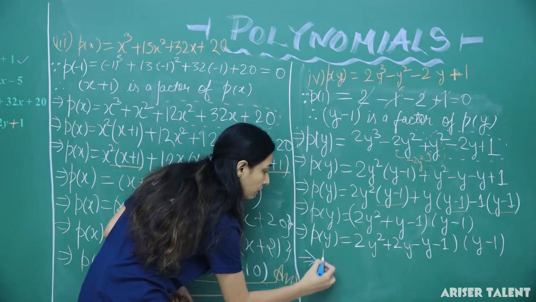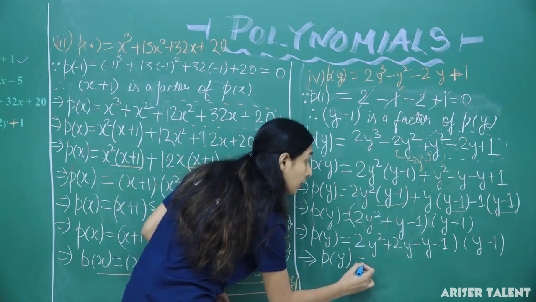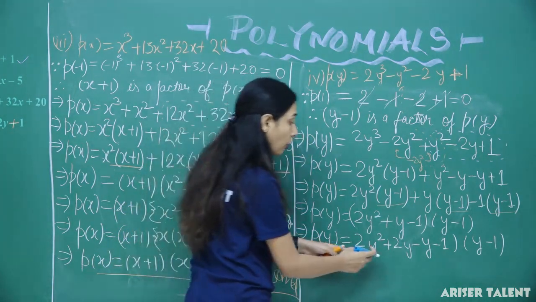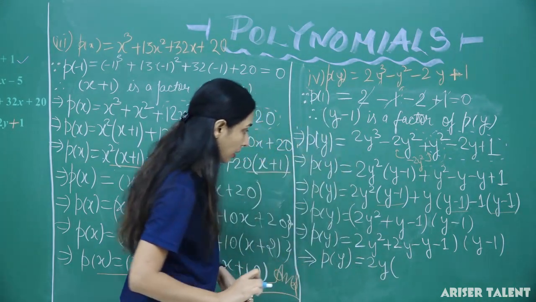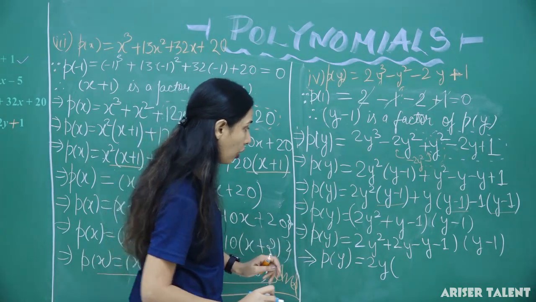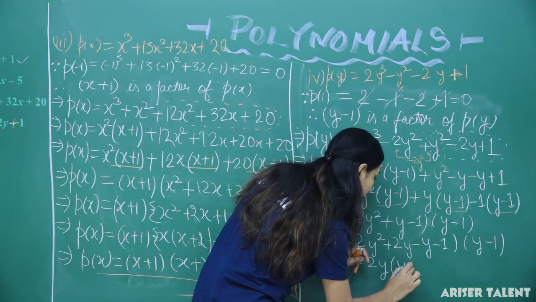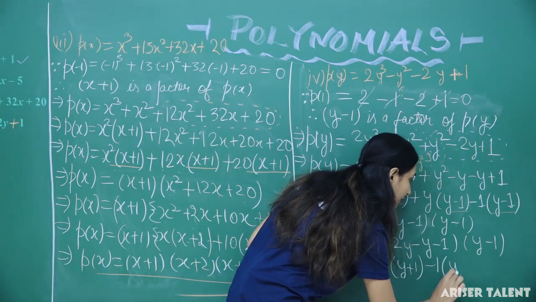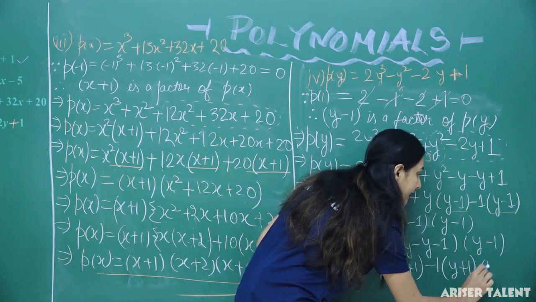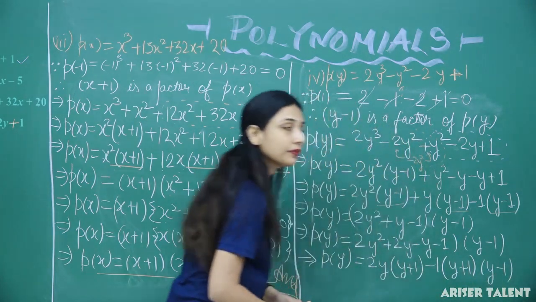So that will give you P(y). Now what will you take common? You will take common 2y. Now when you take 2y common, you will be remaining with y plus 1. Here you will take minus 1 common, so you will get y plus 1, and here again y minus 1.